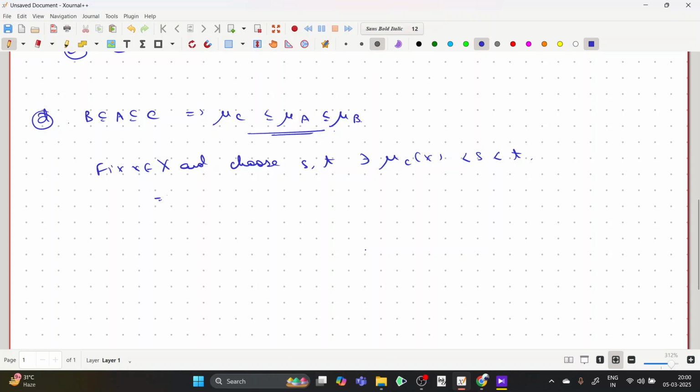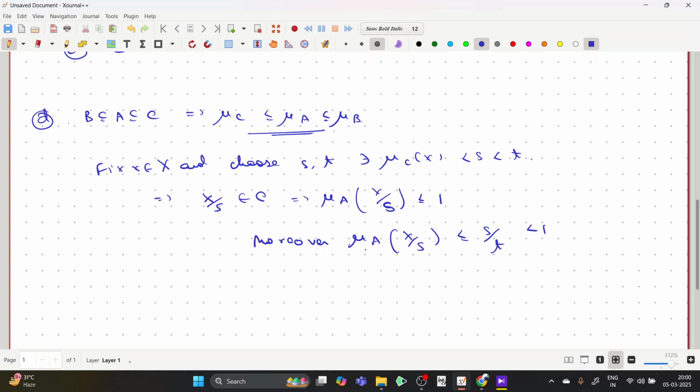Once we do this, this implies that x by S is in C, which implies that mu A of x by S is less than or equal to 1. Moreover, mu A of x by T is less than or equal to S by T, and this is less than 1.